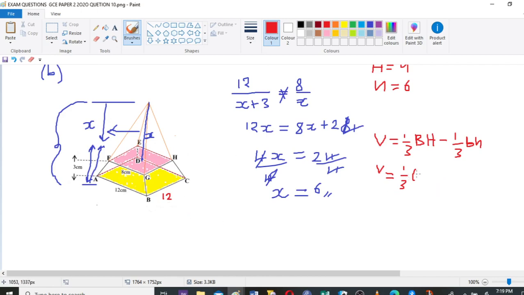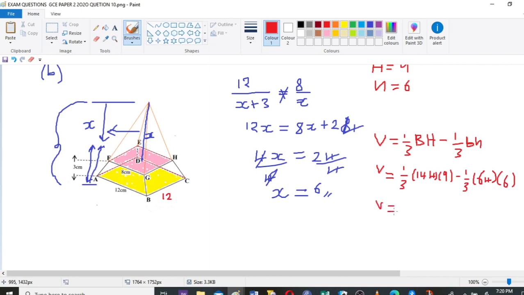So we have 144 as the value for your base area. Now your height is 9, minus 1 over 3. Now your base area for the smaller one is just simply 8 by 8, which will give you 64. Now your height was 6, isn't it?